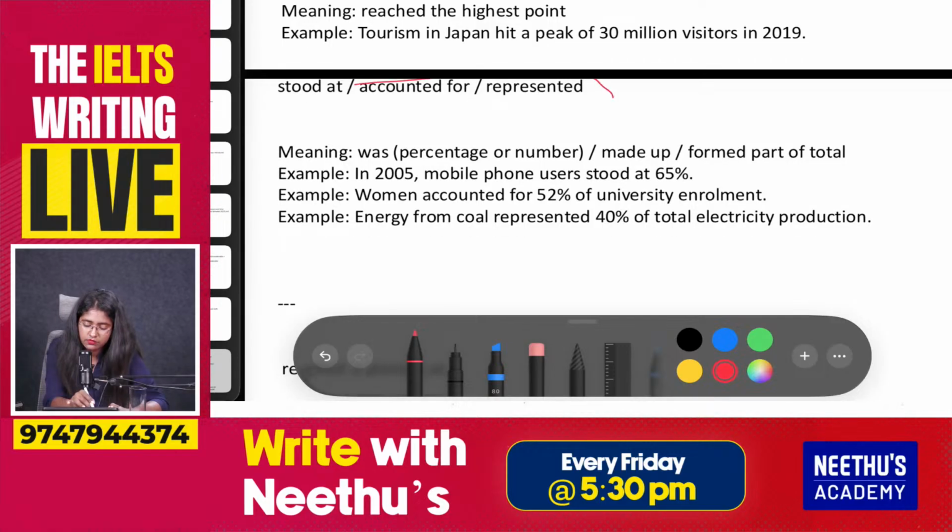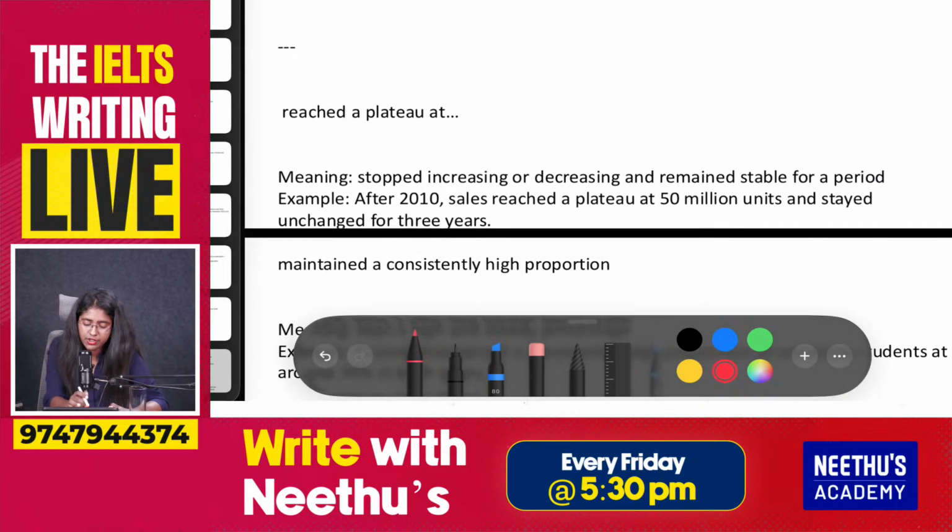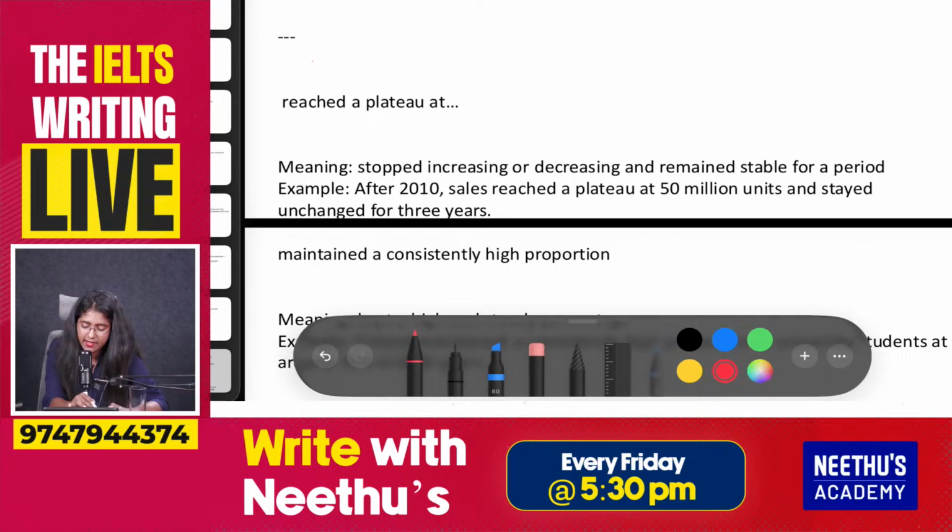Stood at, accounted for, represented, reached a plateau at. So these are all the words or vocabulary that you can learn in order to write a flawless task 1 answer.